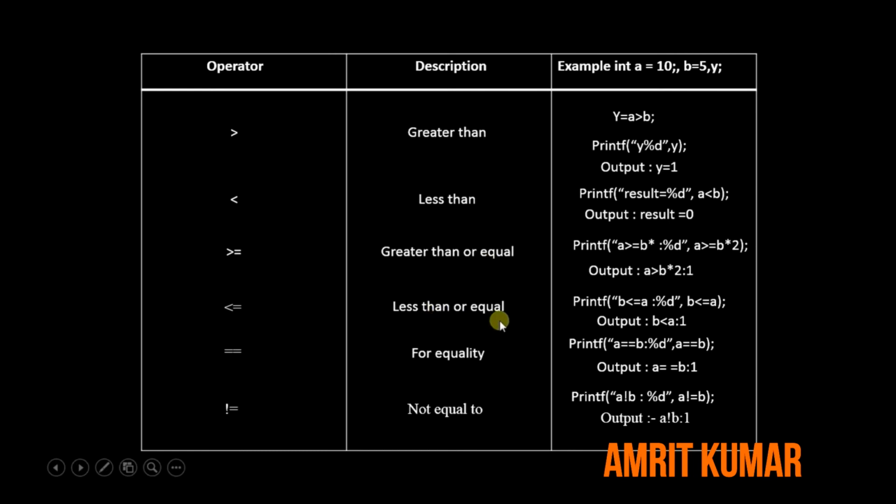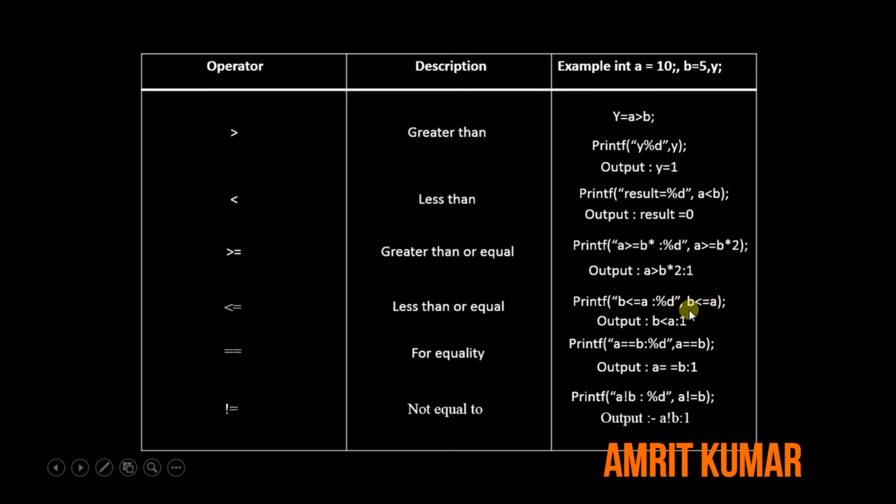Okay, moving on to another operator, which is used for finding less than or equal to. So again in the same way I am using it. B is less than equal to A, colon percentage d. Percentage d is a format specifier and its work is to return the value. Whatever value it is going to give, that is going to be replaced here.